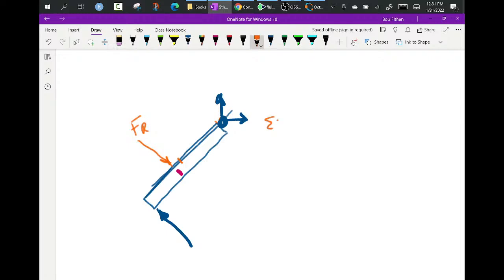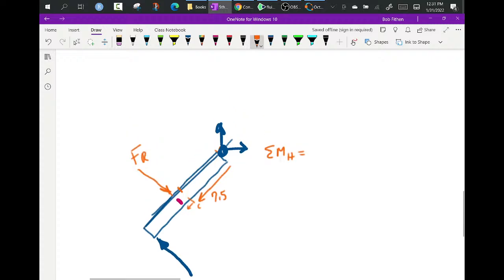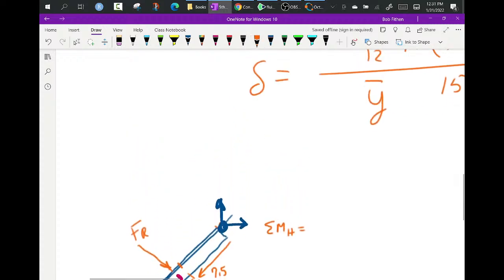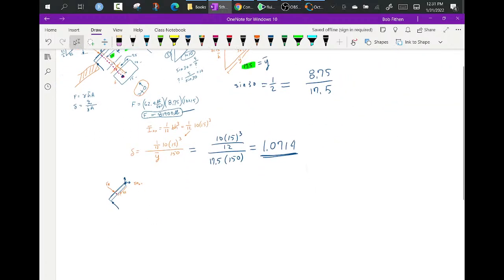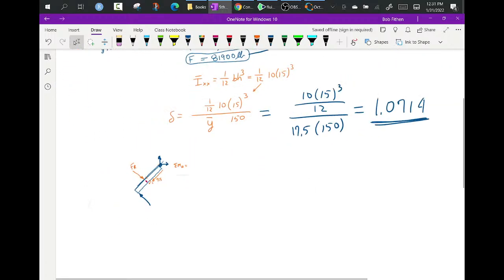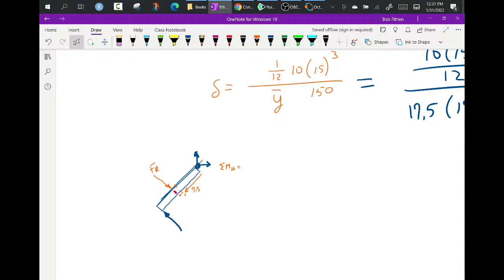You sum the moments about the hinge, and you get, remember this was 7.5 down to the centroid, and then underneath it was the 1.0714, equals the force resultant.